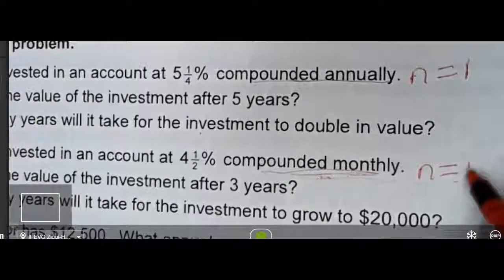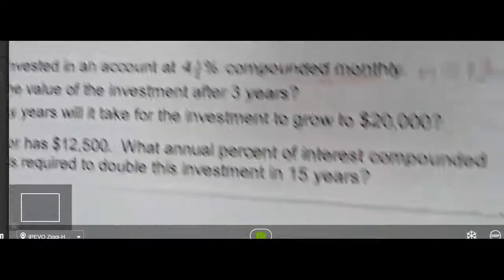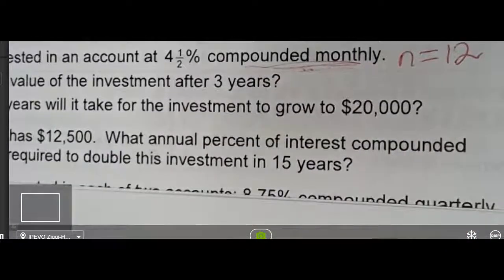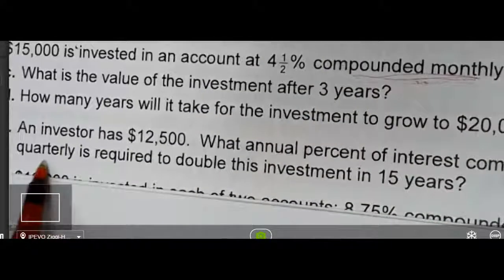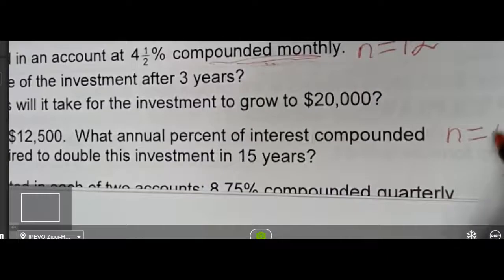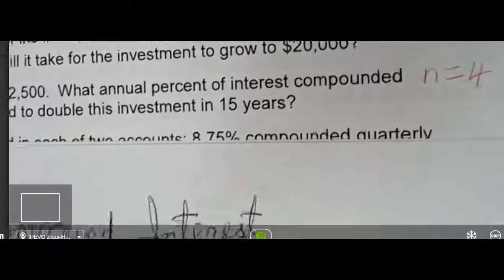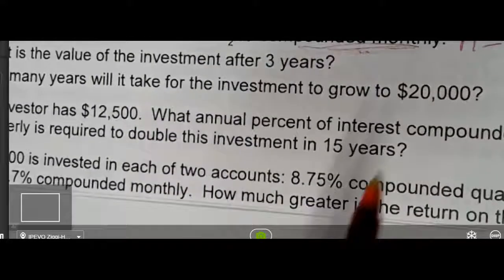So your n is going to be 12. This one is compounded quarterly. Quarter means 4, so 4 times a year. So your n is going to be 4. And so forth.